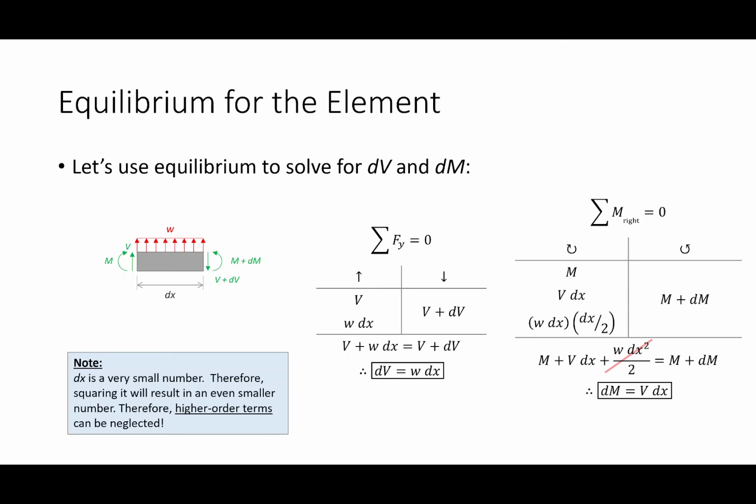And what we get is a pretty simple relationship. We can write that relationship one of two ways. If we have, for example, dV equals w dx, that could mean one of two things. One way to write it would say that the load is the derivative of the shear.